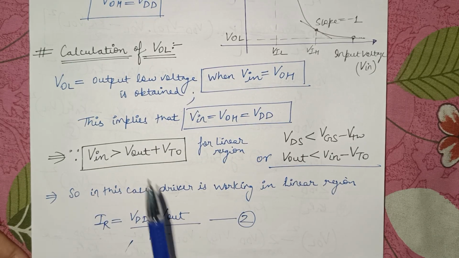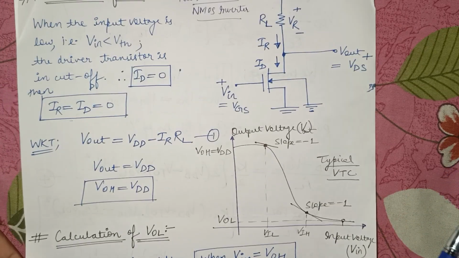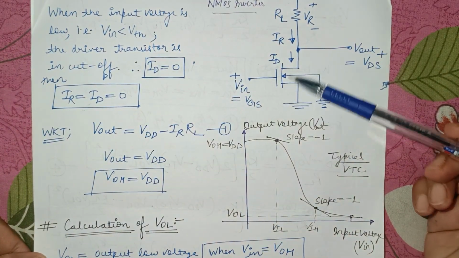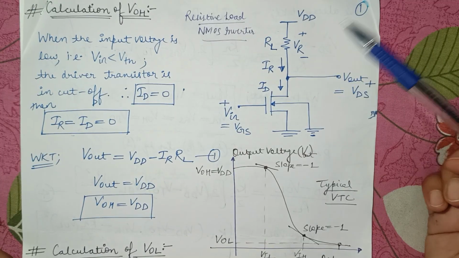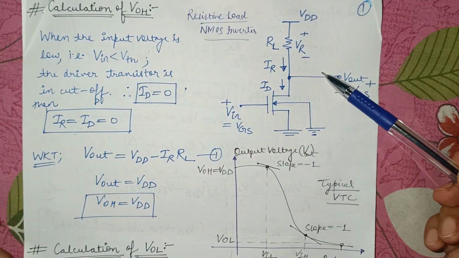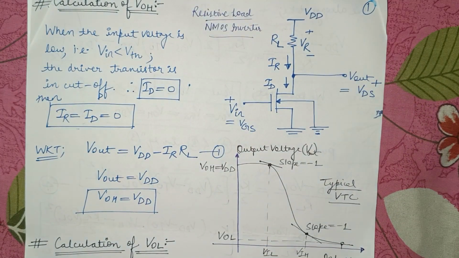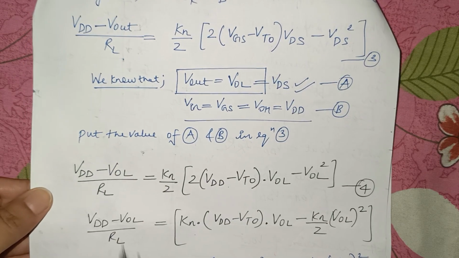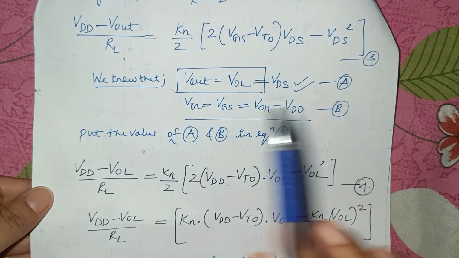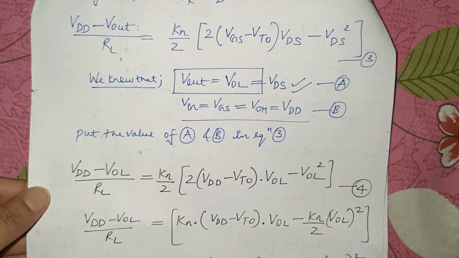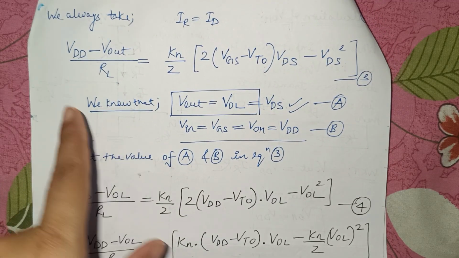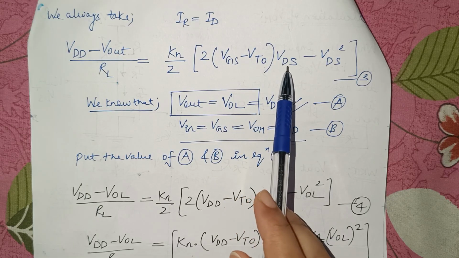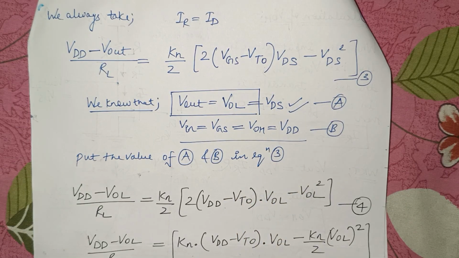So the NMOS enhancement transistor will work in the linear region. We can put the value of IR as VDD minus V out by RL, and this will be equal to ID in the linear region. So it will be VDD minus V out by RL equals Kn by 2 times VGS minus VTO times VDS minus VDS whole square.